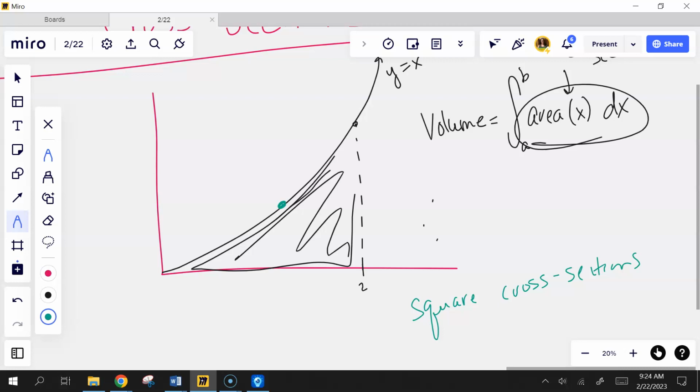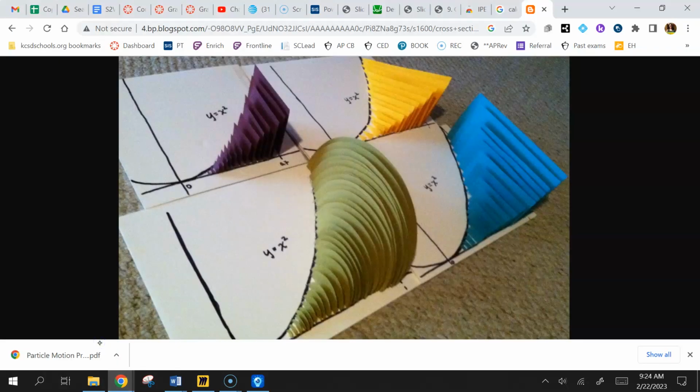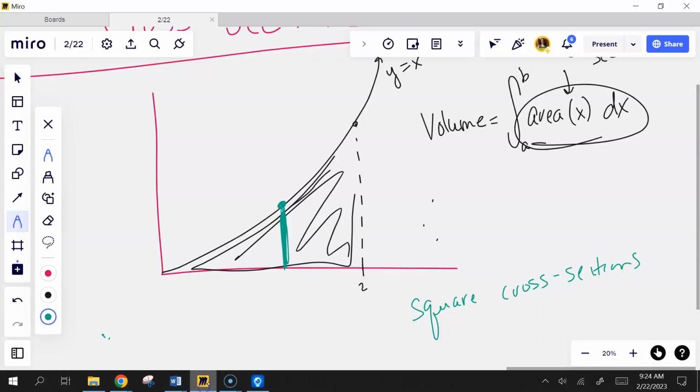Anywhere you want to go, I want a general formula. If this is my cross section, I don't even know how to do this three-dimensionally. There's a square. I can't draw it. But this square, understand, it's sitting like this. It's coming out, okay? So how could I find the area of that one square? Just the one right now, just one.